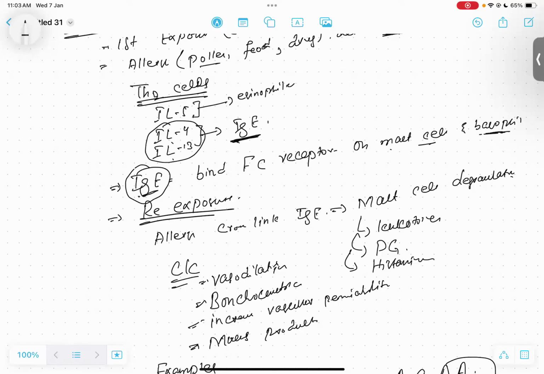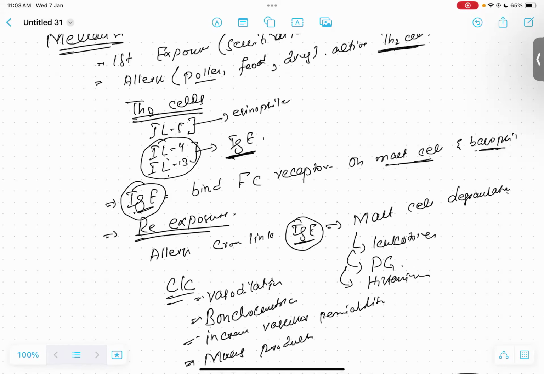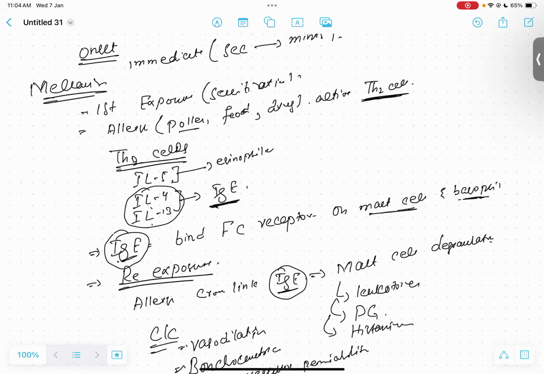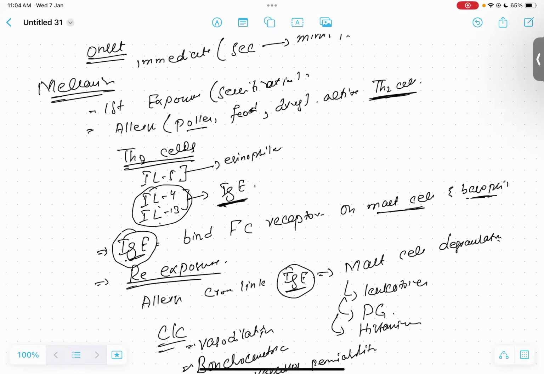On re-exposure, this IgE is already attached to the mast cell. So whenever an allergen is re-exposed, it will cross-react with the IgE that is already attached to the mast cells, and they will directly lead to degranulation. At the first step there is no prior IgE, so it will only attach and does not cause degranulation.